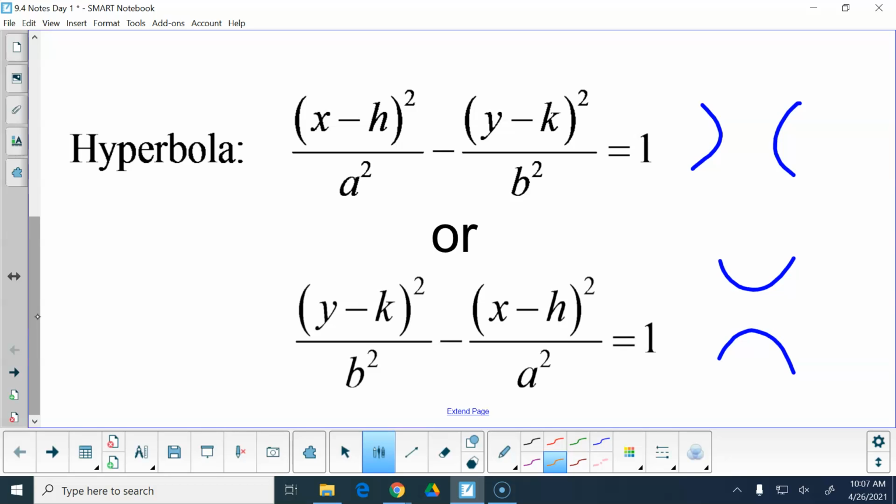The up-down hyperbola has the y in front and the x behind. That is a very big difference. With an ellipse, it was always just the one equation. With a circle, it was always just the one equation. This is more like a parabola, where there are two different equations.